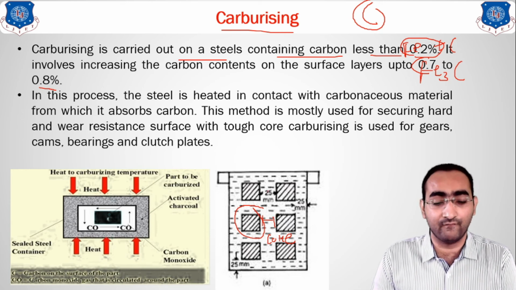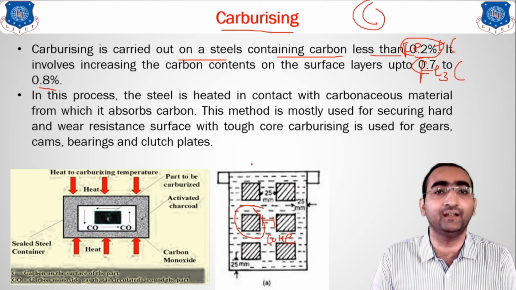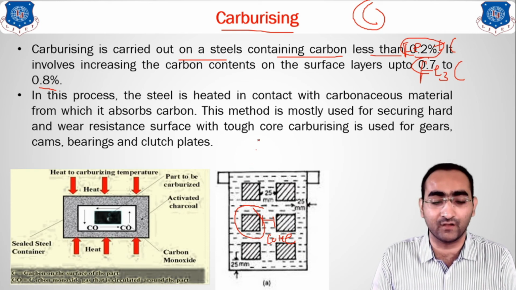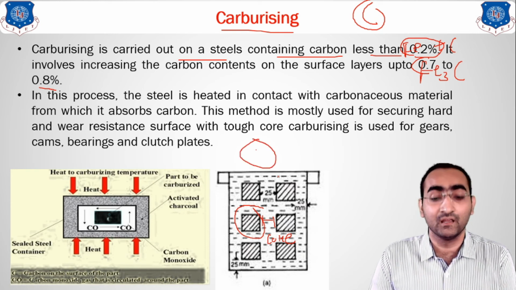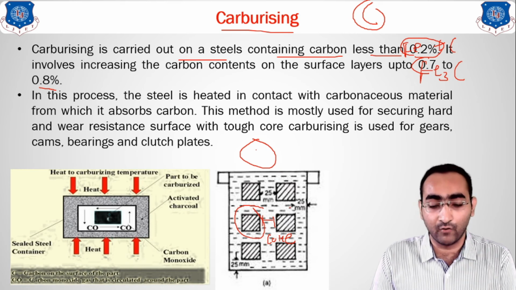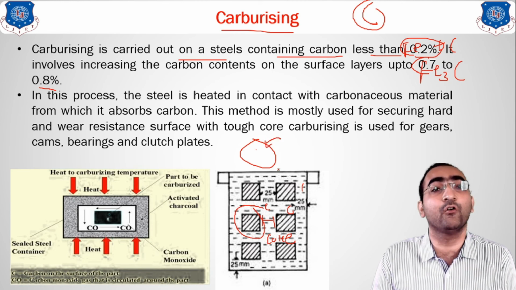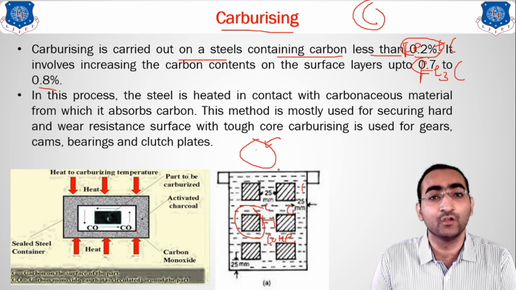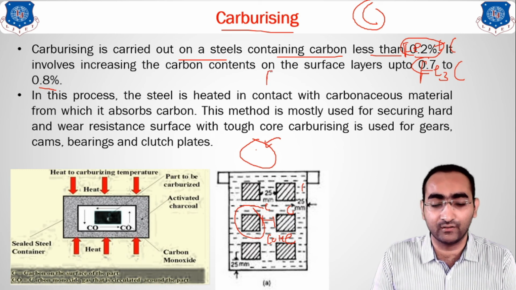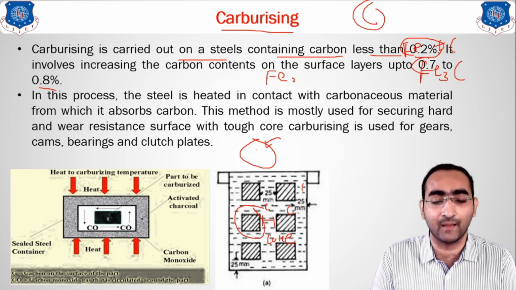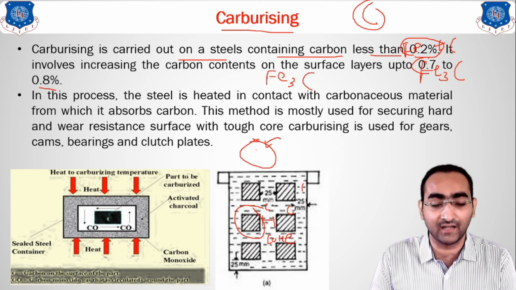What happens whenever the material is heated? The surface of the material becomes soft. The carbon present in the form of coke will start reacting on the surface of the material. As I told you, Fe3C will form and start depositing on the surface of the material.